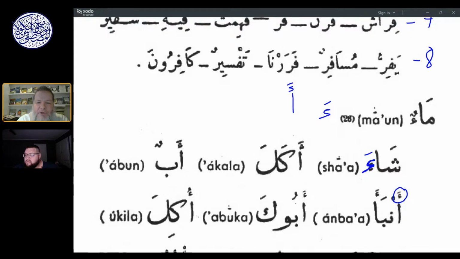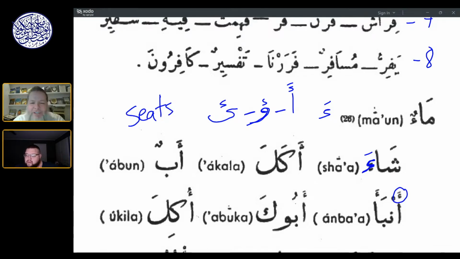On top of a wow, it looks like this. On top of a ya, it looks like this, and I do not write the two dots. These are known as seats, something that the hamza is sitting on. It doesn't need the two dots because it's not pronouncing anything, it's just a seat.